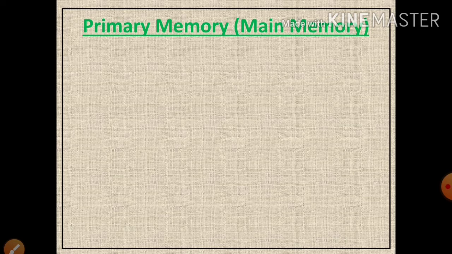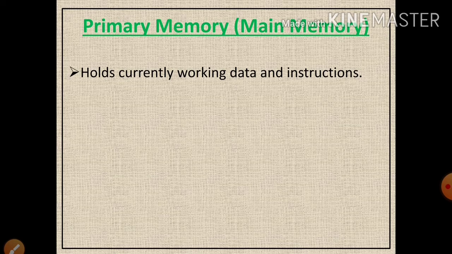The first part is primary memory. It is used to hold only that data and instructions on which the computer is currently working. It has a limited capacity and data is lost when power is switched off.